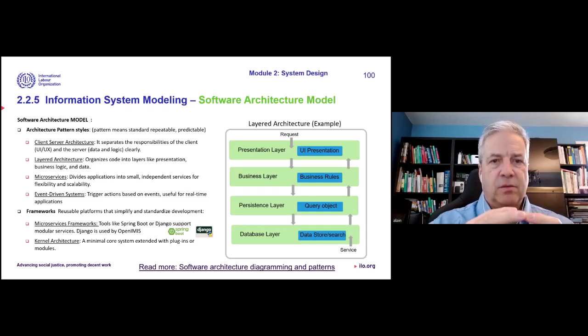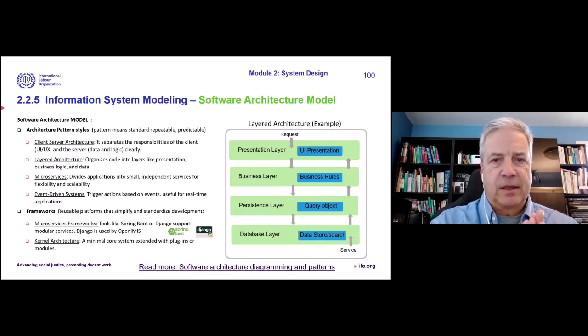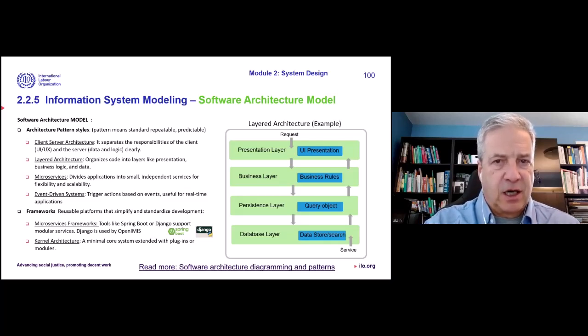Now there are many ways of illustrating the software architecture, and that's a way of speaking of software architecture. So we're using architecture models. Architecture models are not very well defined.